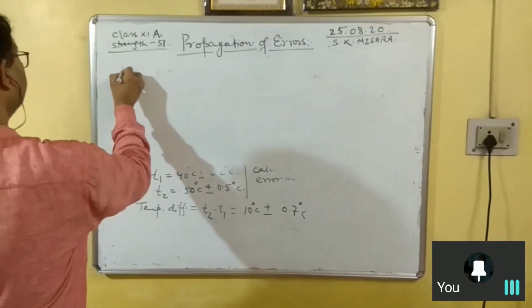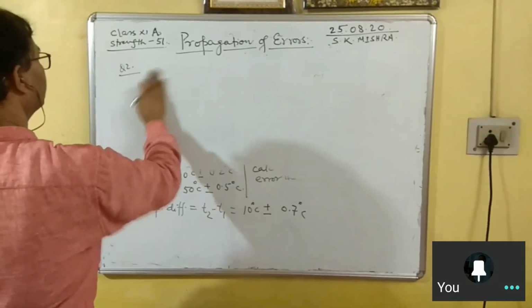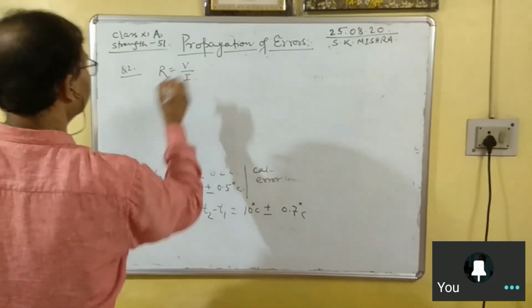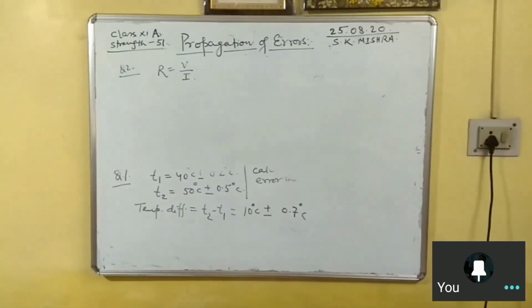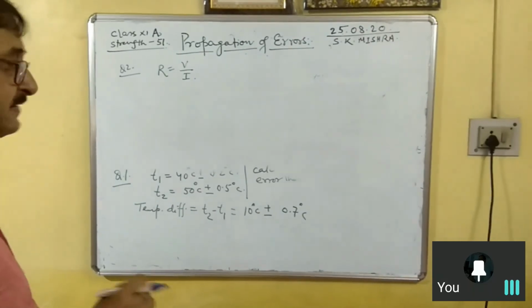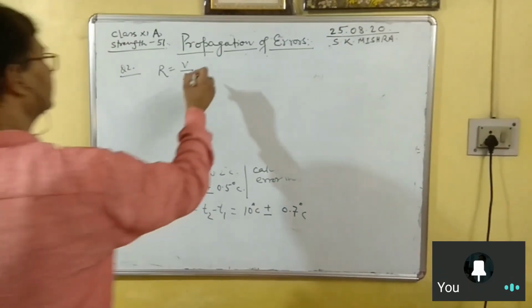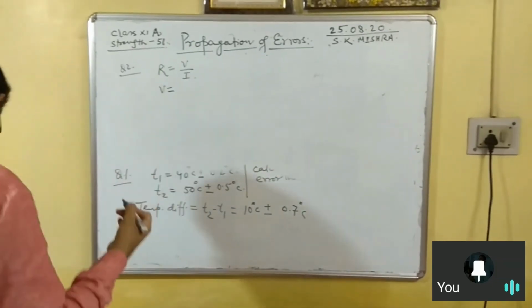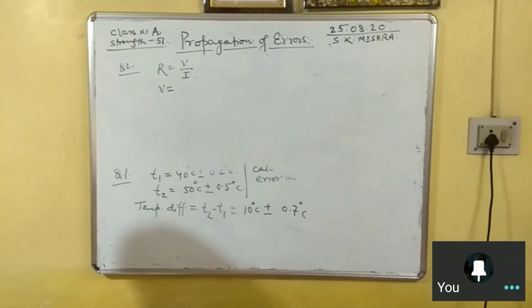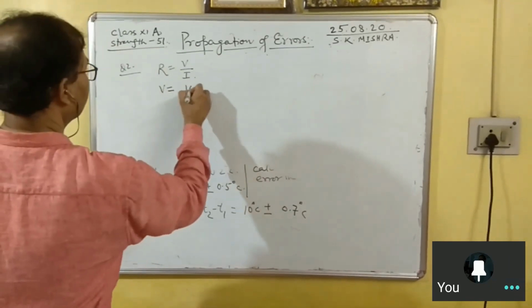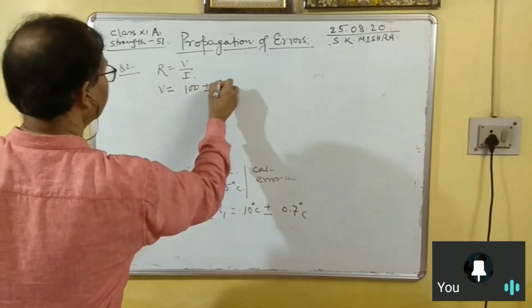Question number 2. So you know resistance R is equal to V by I. In measuring V, some error is there, and corresponding error in I is also there. So the value of V is given to you. V is measured as 100 plus minus 5 volt.